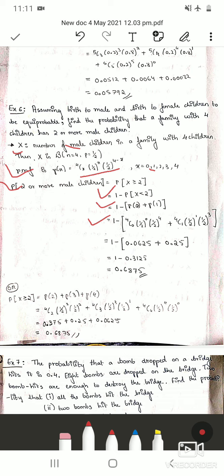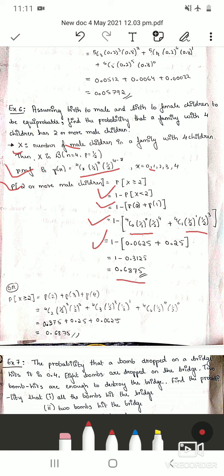In the PMF substitute x equal to 0 and then x equal to 1. Find 4C0, which is 1, and 1 by 2 raised to 0 is 1. Then 1 by 2 raised to 4, that is 0.5 raised to 4, you calculate. Similarly find the next term. You will get 1 minus (0.0625 plus 0.25).